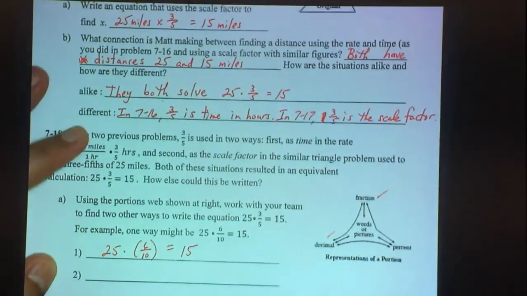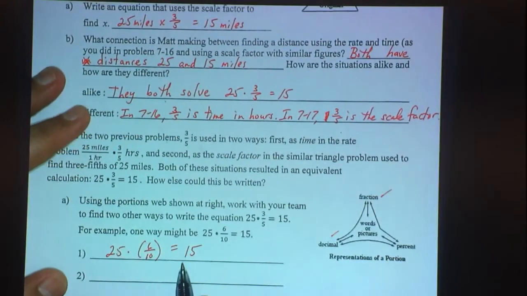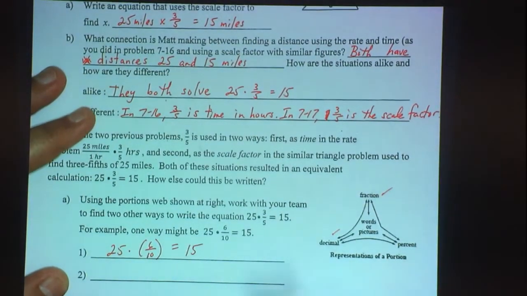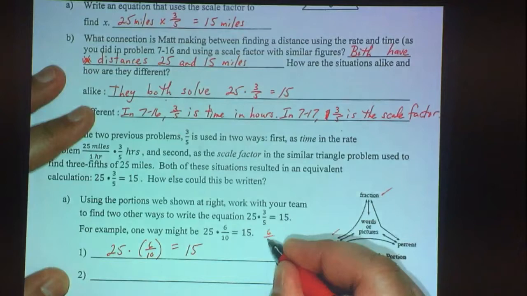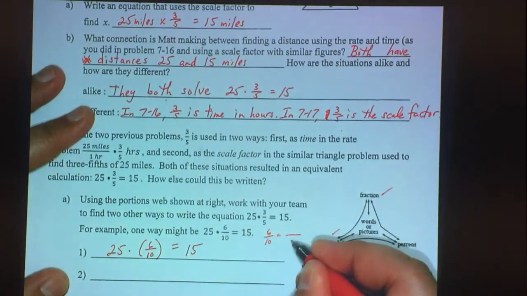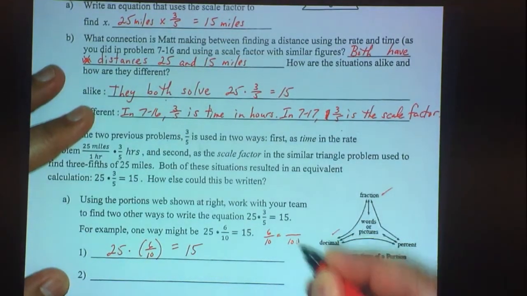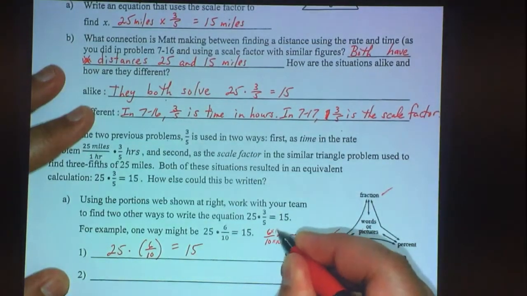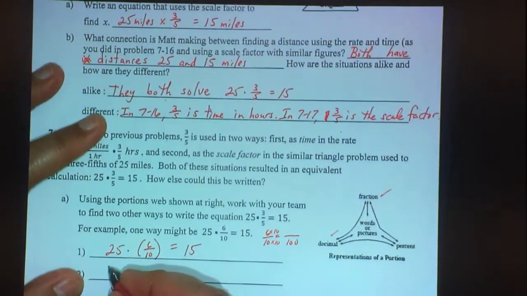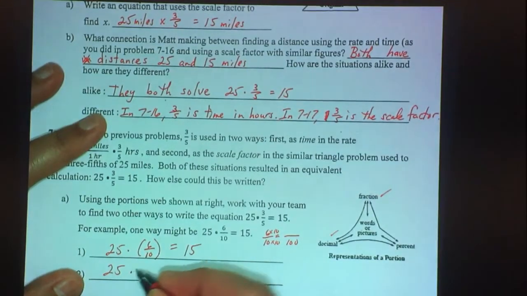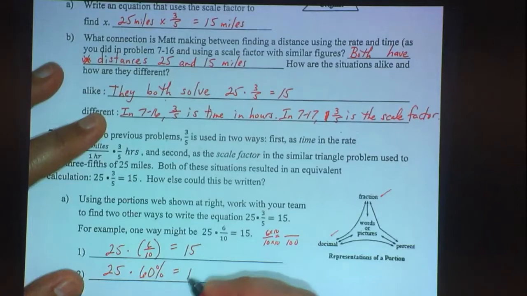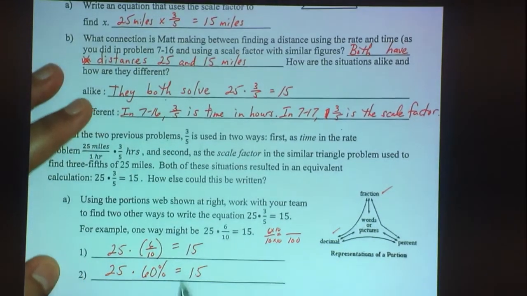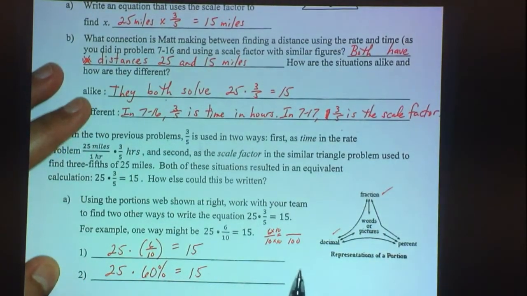So now we need to do it as a percent. So then 6/10, if I wanted to do it as a percent, what does percent mean? Out of 100. So what are you going to multiply the bottom by? 10. So you have to also multiply the top by 10. So then this will be 25 times 60%. And this is also 15, because that is just 3 different ways to write the same problem.